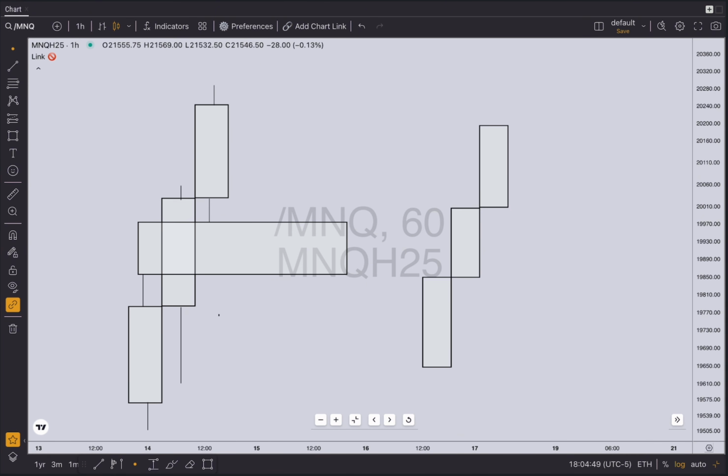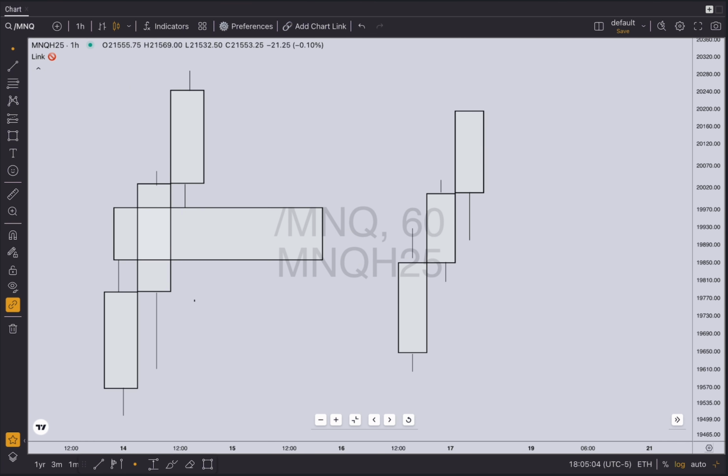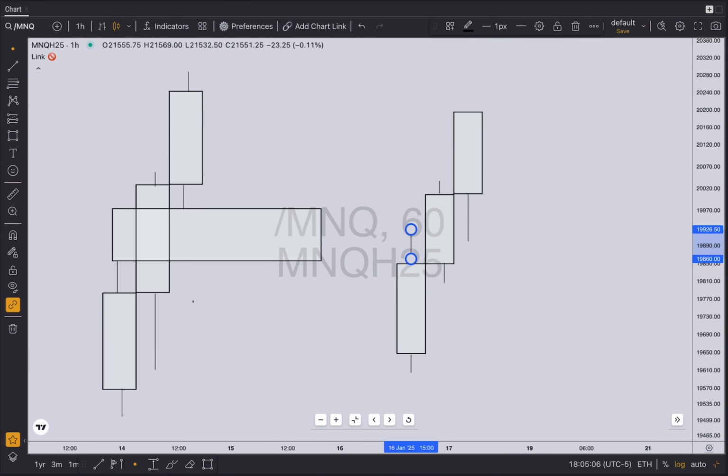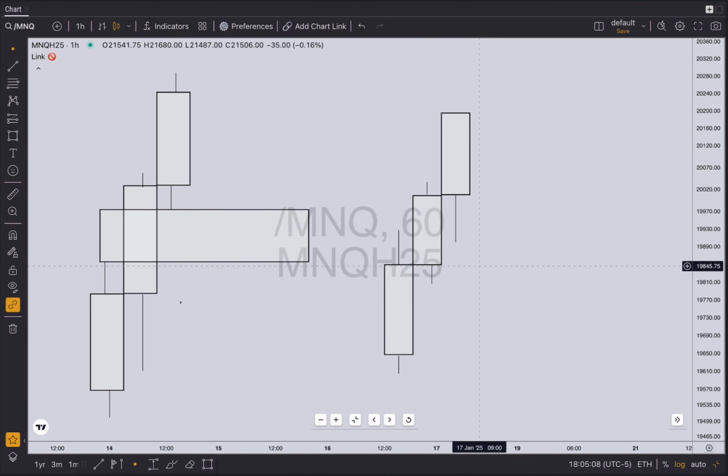If we had something like this, where this is the wick here, this is the wick here, and then we have a wick here, wick here, wick here, in this case, there's no fair value gap because the price here is overlapped by this wick and this wick.